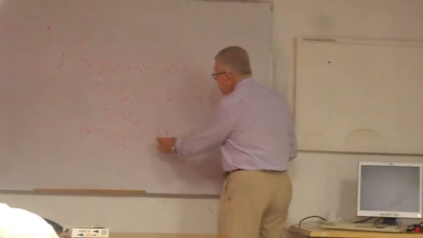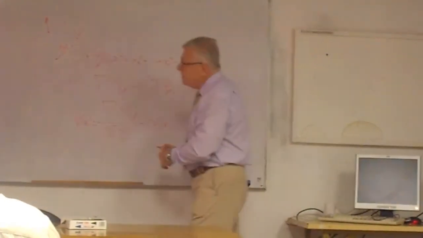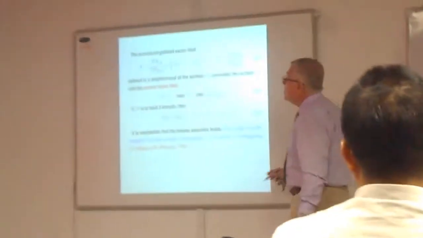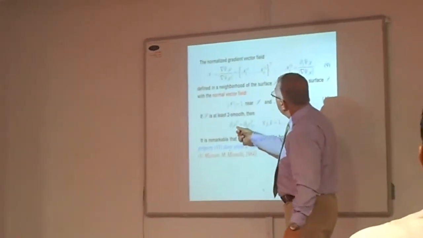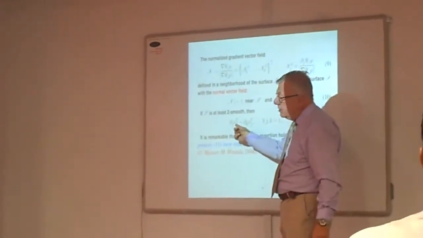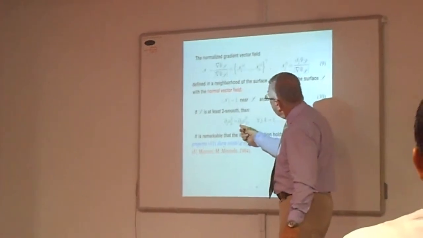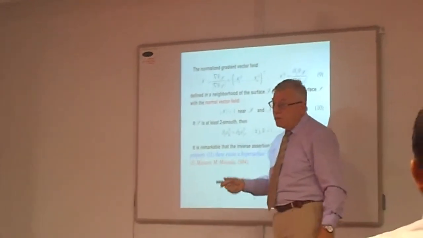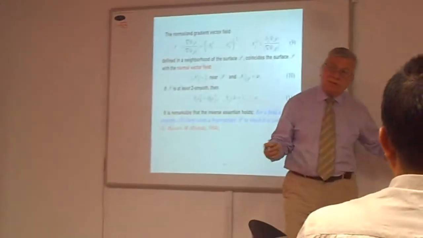And now you take each component of this and take the derivative. The j-th derivative of the k-th component is equal to the k-th derivative of the j-th component. It's a property of this normal vector field.